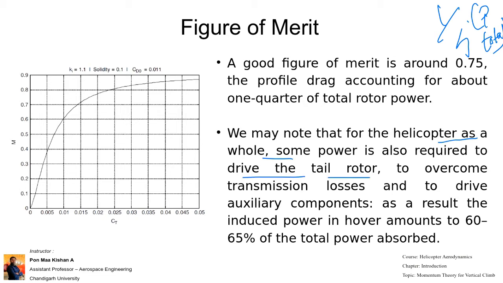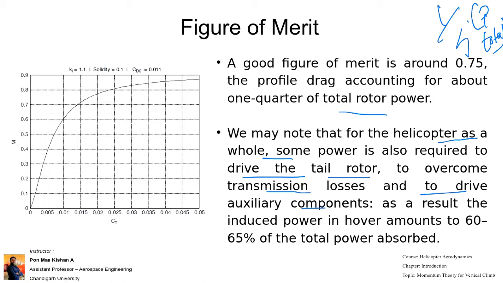Even though we have calculated the total power, we are transmitting some power to the tail rotor, to overcome the transmission losses and to drive auxiliary components. Apart from the tail rotor, to overcome transmission loss and drive auxiliaries, power losses will be there. Even though the engine is providing power, during transmission the power loss will be there.